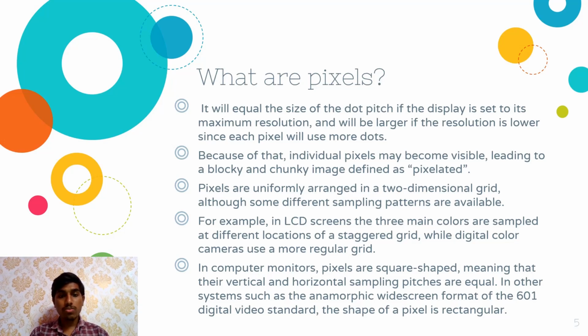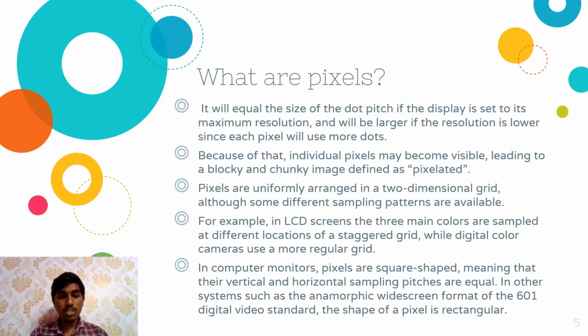Pixels are uniformly arranged in a two-dimensional grid, although some different sampling patterns are available. For example, in LCD screens, the three main colors are sampled at different locations of a staggered grid, while digital color cameras use a more regular grid. In computer monitors, pixels are square-shaped, meaning that their vertical and horizontal sampling pitches are equal.